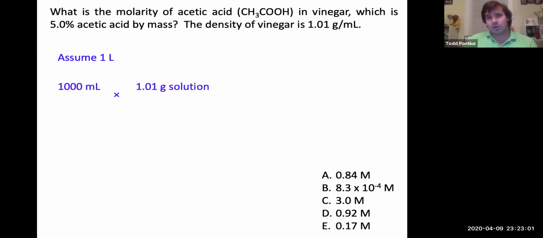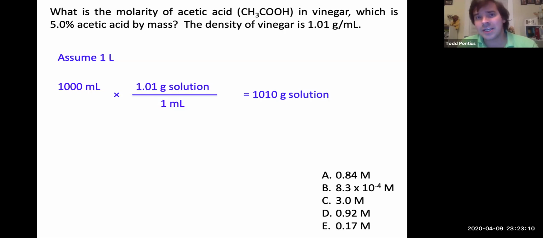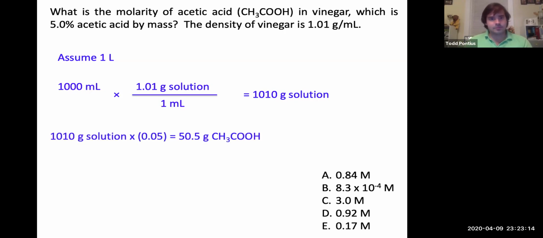There's 1.01 grams for every 1 milliliter of solution, which gives us 1,010 grams of solution. And we know that this solution is 5% acetic acid. So we'll multiply that number by 0.05 because 5% of it is the CH3COOH, and we'll get 50.5 grams of acetic acid.